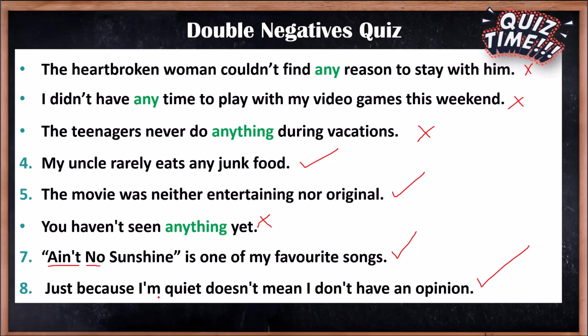Don't assume I don't have an opinion because I'm quiet. So they are intentionally using two negative words, but doesn't and don't are used in different parts of the sentence. They're not working together to talk about one thing. I'm saying that I am quiet, but I still have an opinion. Don't assume that I don't.